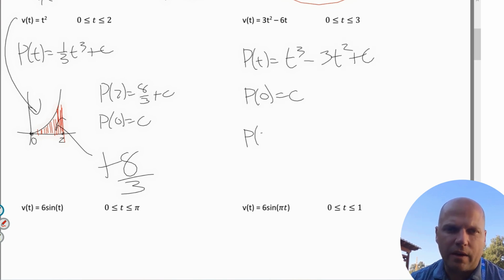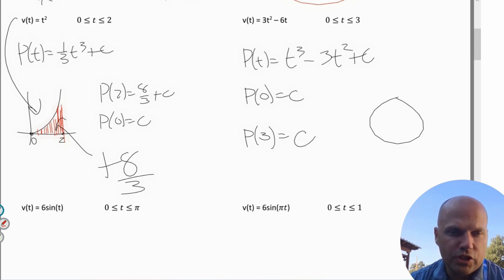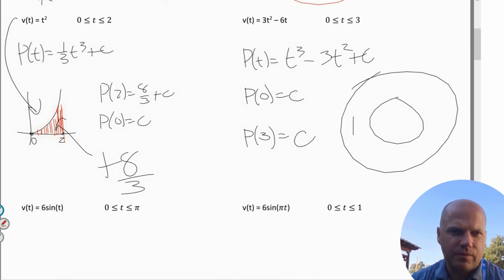I don't know which way I like better. Getting the end minus the first, or first and the end and then subtracting them. 0 is my answer. I started at C, I ended at C. At the end of the day, I have not displaced at all in my position. Doesn't mean I didn't move.